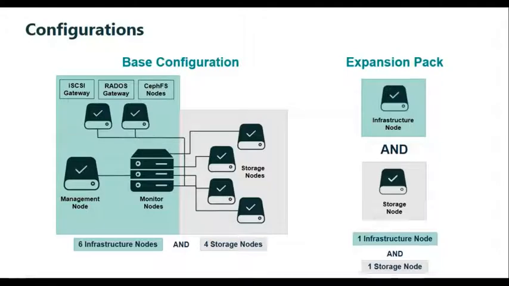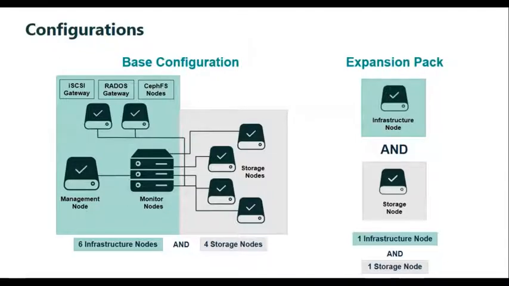First is the base configuration, and second is the expansion. Let's look at the base configuration. The base configuration gives me a license for a total of 10 nodes. Okay, so as I'm talking nodes, that means SUSE Enterprise Storage is not licensed on capacity. It's a purely node-based license with no restrictions on capacity built out of it.